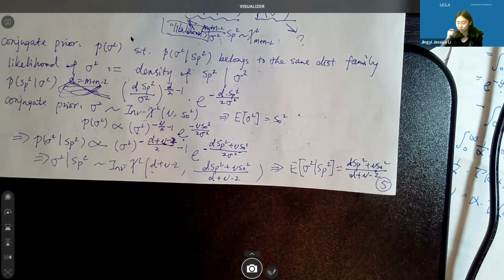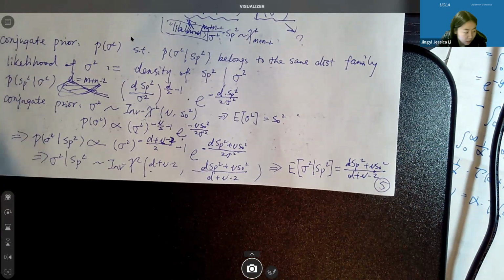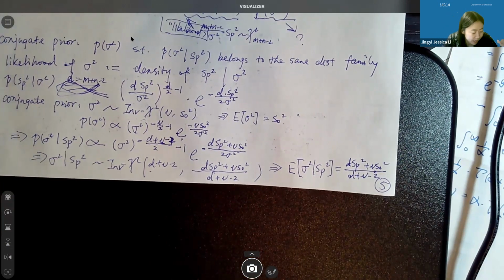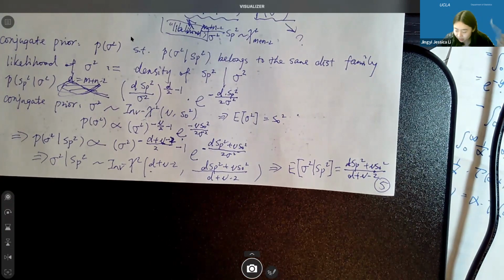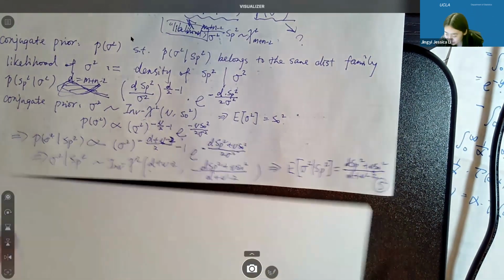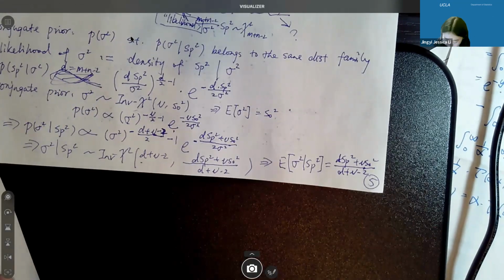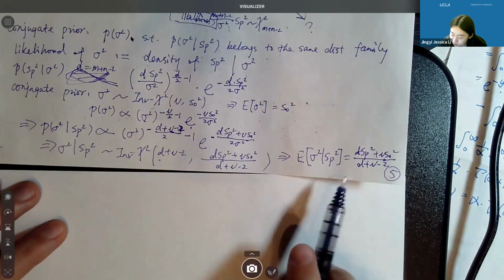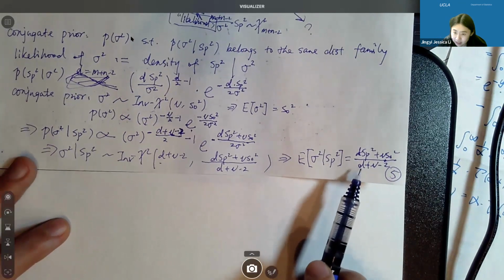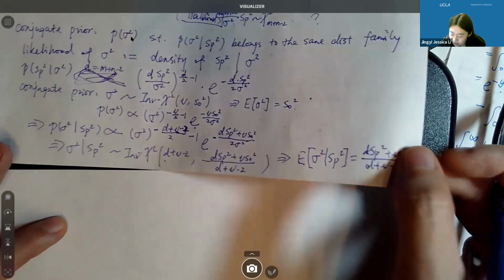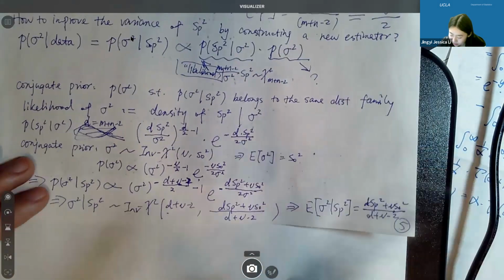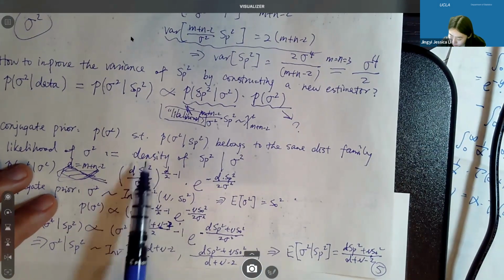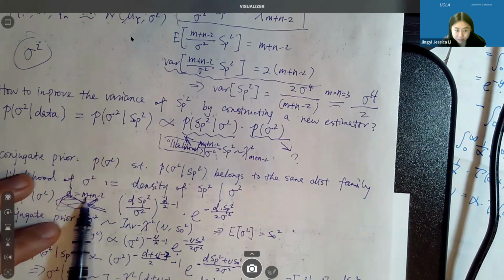Okay, so what's the implication here? The implication is actually very interesting, and I think that's a nice thing for Bayesian statistics. If you remember, D is the total sample size minus 2, right? Going here, the m plus n minus 2.